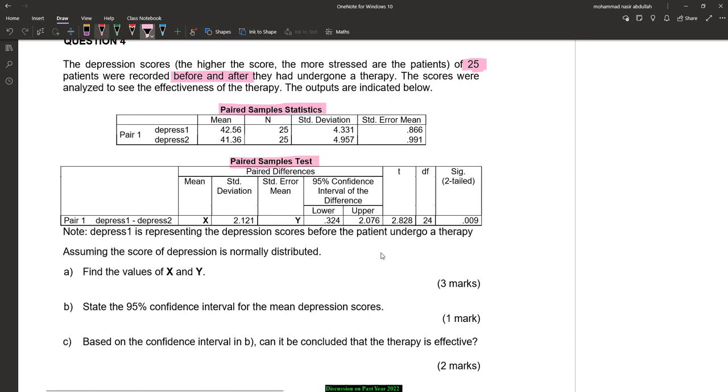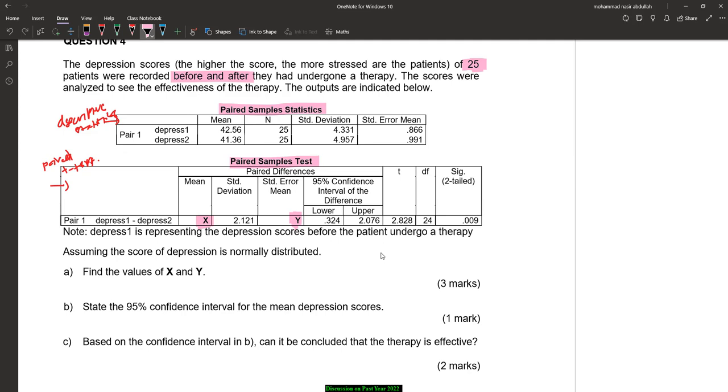So this is a descriptive statistic, and this is a paired t-test. Paired t-test. So it gives values here, X and Y. So of course you can calculate X and Y, right?